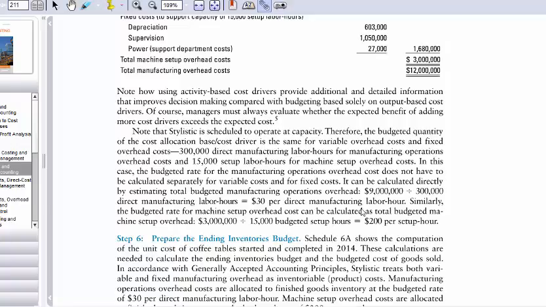Okay, so for each direct manufacturing labor hour required per table, we would multiply that times $30, and that's going to be our operations manufacturing overhead per table.